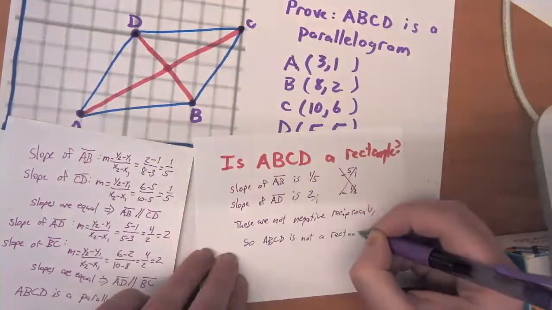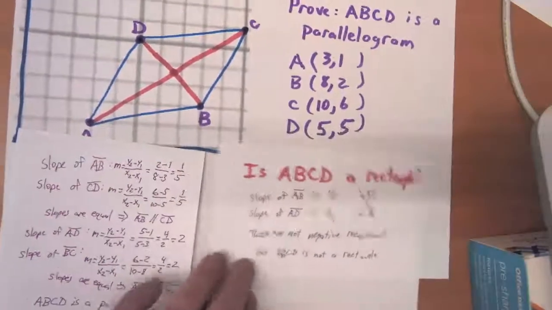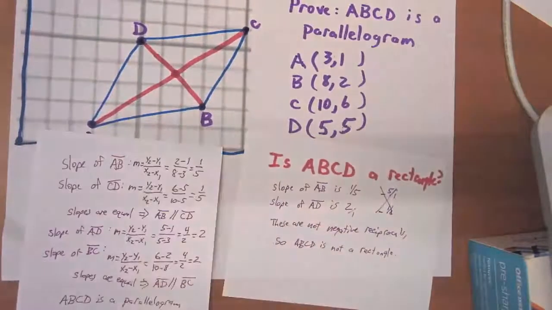That's enough information to answer the questions based on what we've done already. You can see that this was a case where some of the work we did in the first part helped us with the second part. We can answer whether it's a rectangle really easily if we solved the first part using the slope formula.